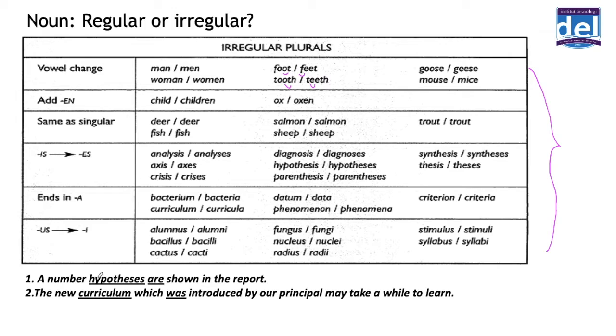For example, a number hypotheses are shown in the report. Hypotheses is the plural form of hypothesis. So this sentence is correct because the noun is correct and the verb is correct. Plural, plural. And the determiner is correct as well.